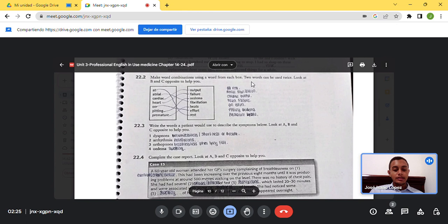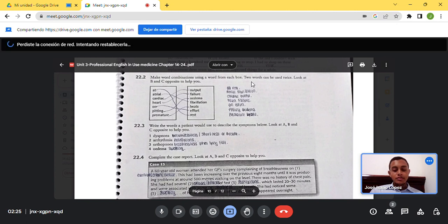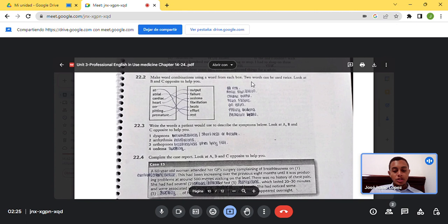O sea, es producido por la acumulación de líquidos en el tejido. Okay, next is premature beats. O sea, latidos prematuros.